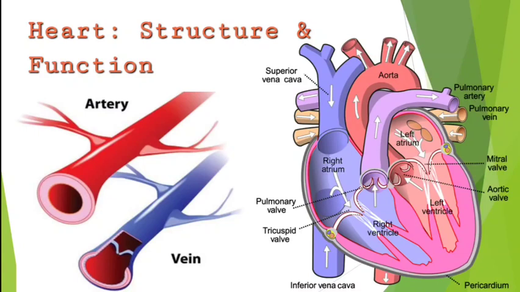Can you guess? Yes, that is arteries and veins. You can see arteries and veins. These are used to circulate the blood from the body to the heart and from the heart to the body. Now we will study these blood vessels in detail.